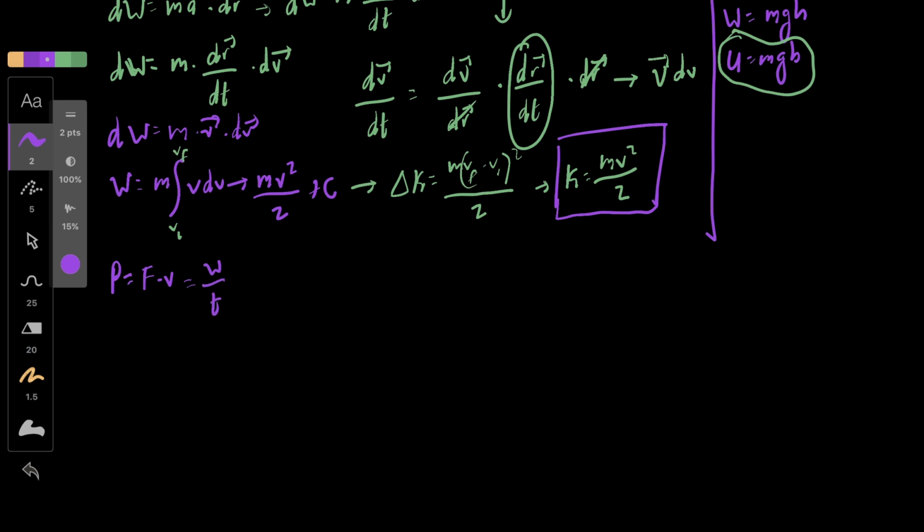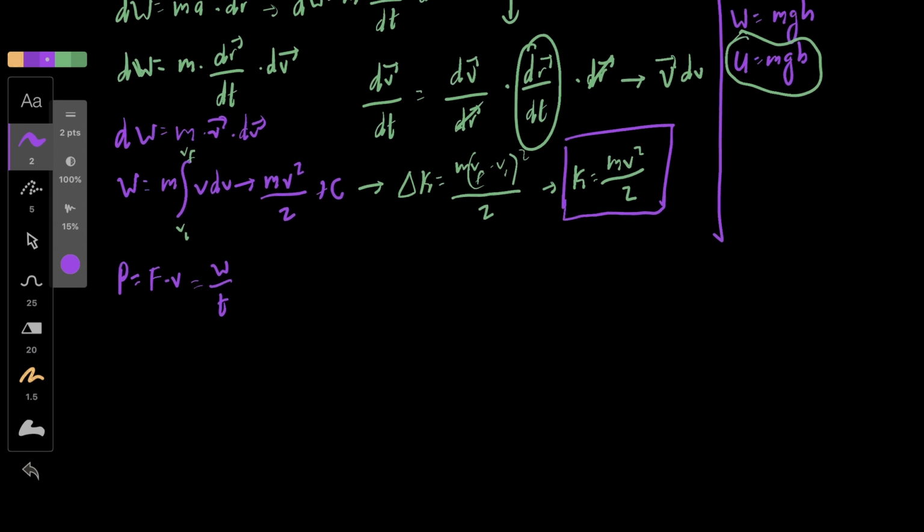But this is just the average power. Just like work was dependent on the average force over that distance, power is again dependent on this. But forces are not always constant, and work is not always constant. So, how are we going to do power?